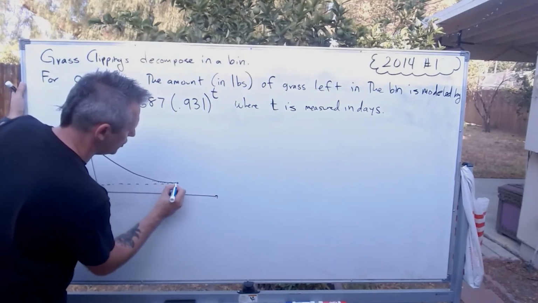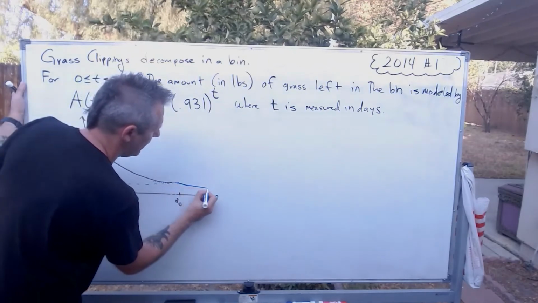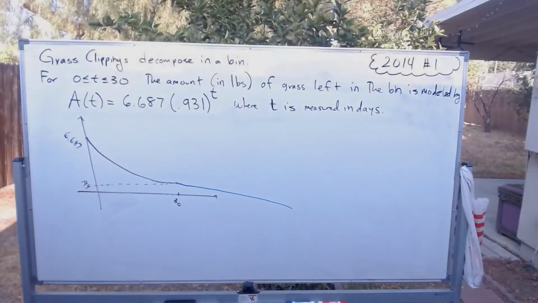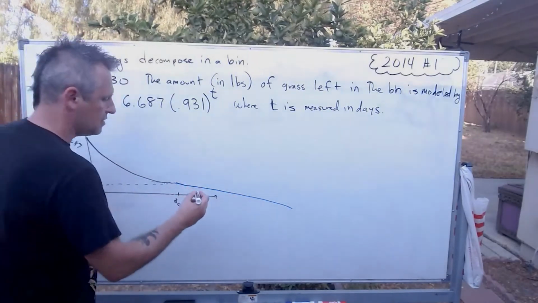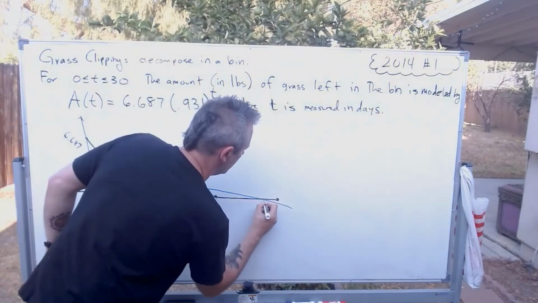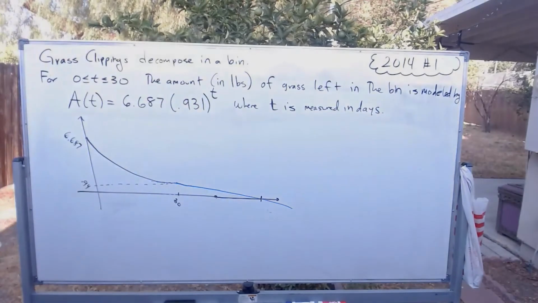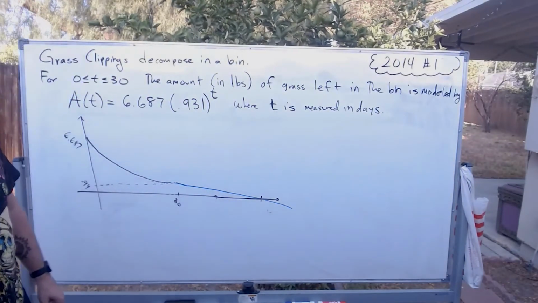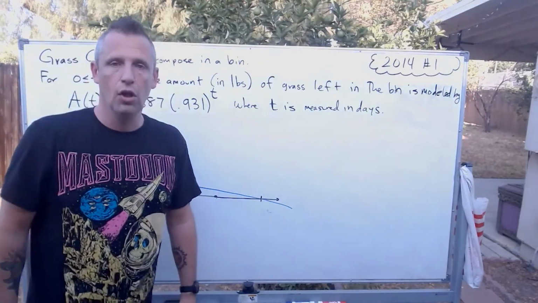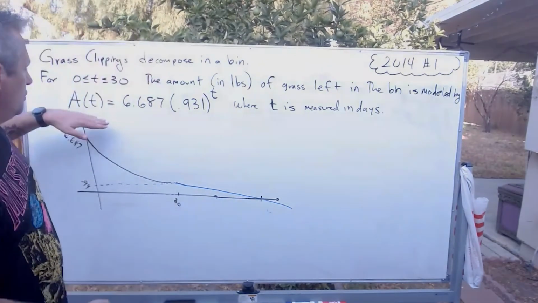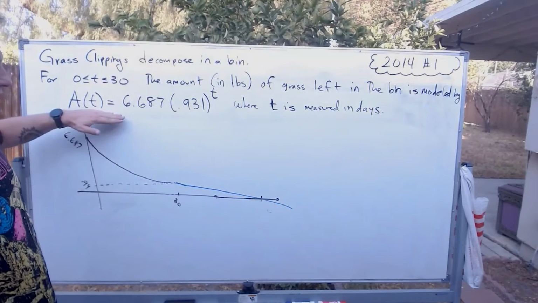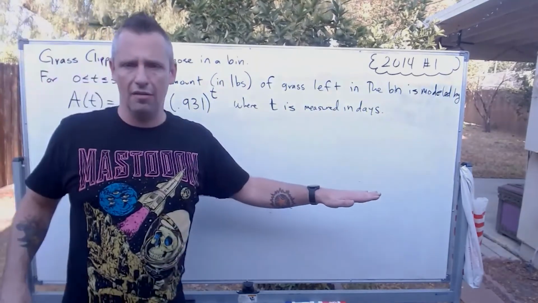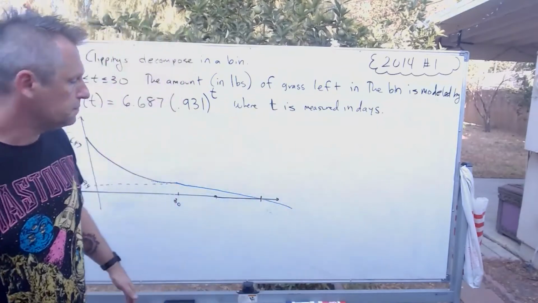There's some tangent line right here, and that's what it now follows forever. According to this tangent line, there is going to be a place where we decompose all of the clippings. They're not asking for when that is, but if we continued following the original function, there would never be such a time. We just get closer and closer to 0 grass clippings.